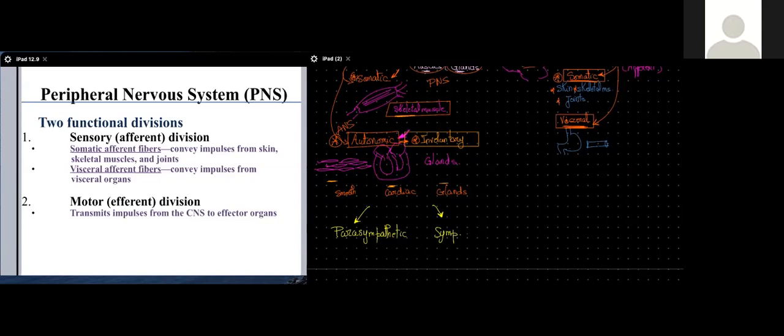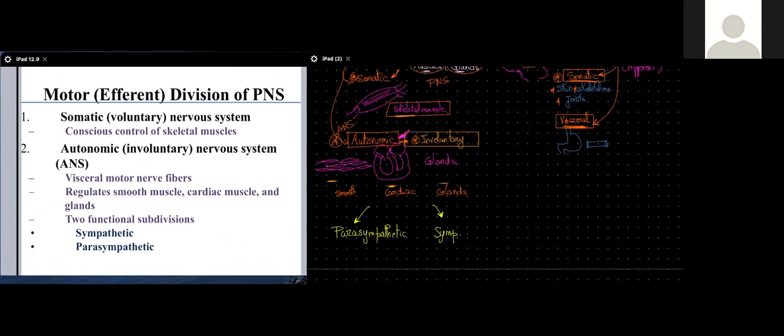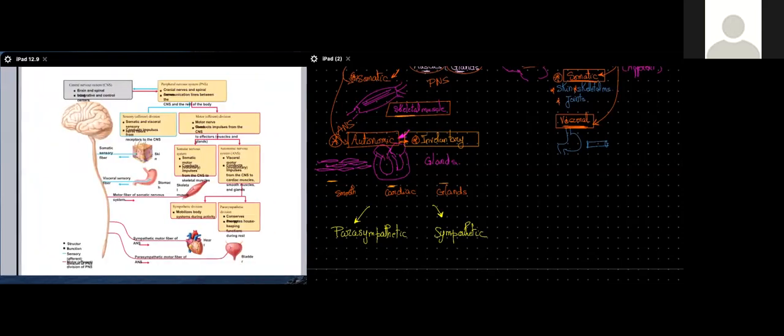So again, if we're looking here at the classification of the different parts of the nervous system, anatomically, we divide the nervous system into central nervous system that includes the brain and spinal cord, and peripheral nervous systems.